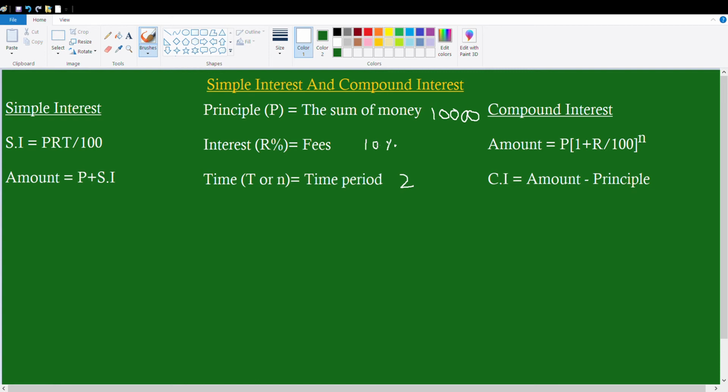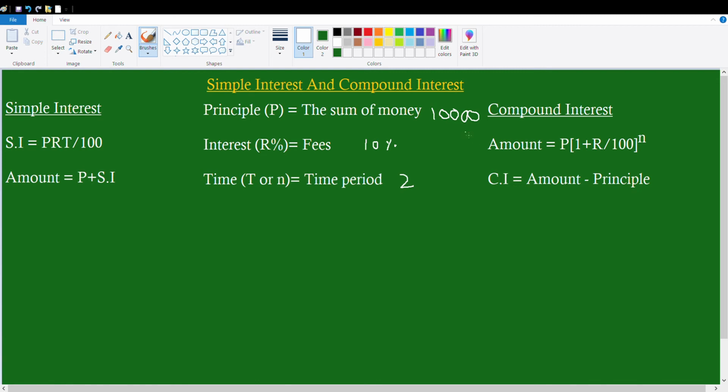Now, we'll see what is the difference between simple interest and compound interest. In simple interest, every year we will calculate the interest for the principal amount, 10,000 rupees. But in compound interest, the first year we will calculate the interest for this 10,000 rupees, and the next year, that means the second year, we will calculate the interest for this 10,000 rupees and the interest on this 10,000 rupees for the first year.